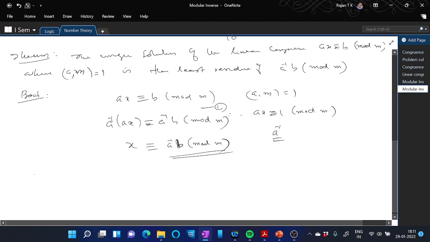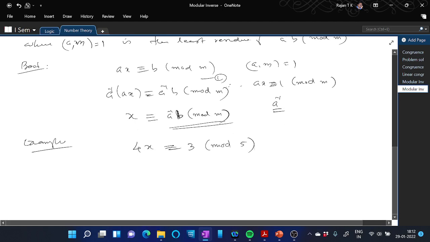Let us take an example. Suppose we want to solve 4x ≡ 3 modulo 5.